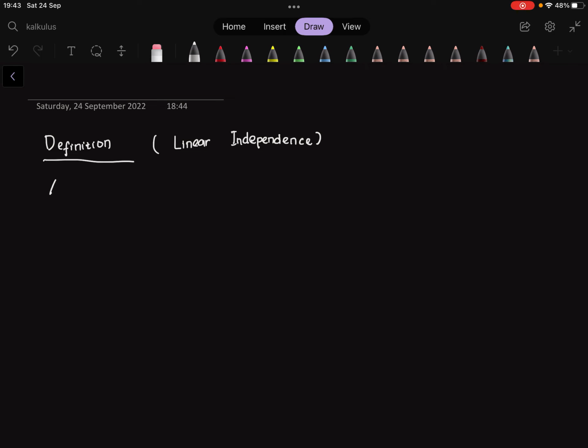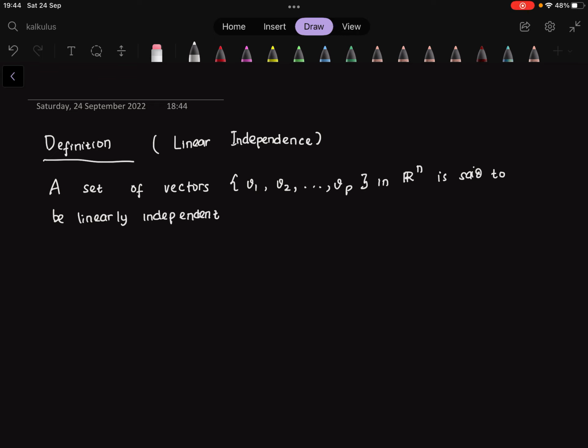So here we have a set of vectors v1, v2, ..., vp in Rn. The set is said to be linearly independent if the vector equation x1 v1 + x2 v2 + ... + xp vp is equal to 0.